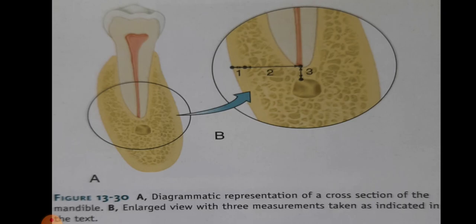For the second molar it is 2.5 plus or minus 0.25 mm. And for the third molar it is 1.96 plus or minus 0.27 mm.